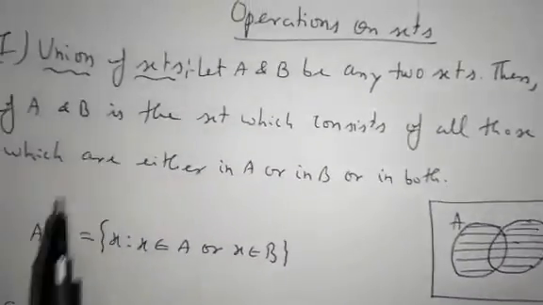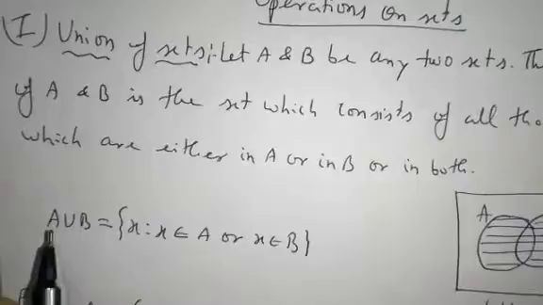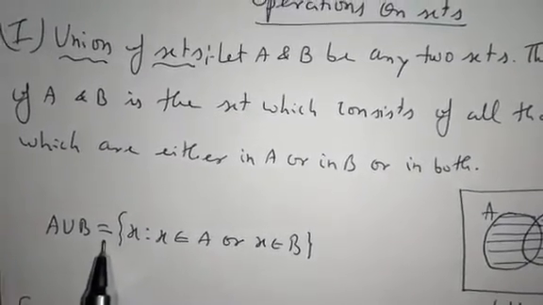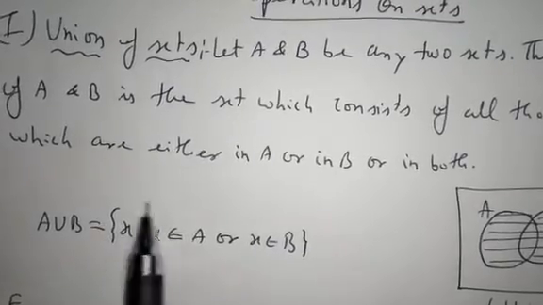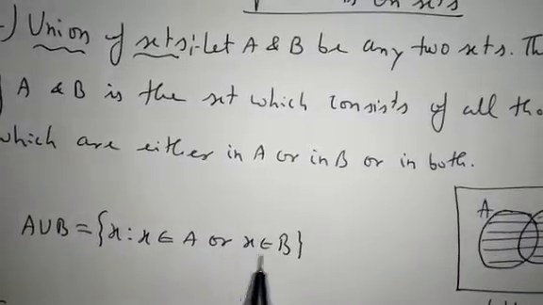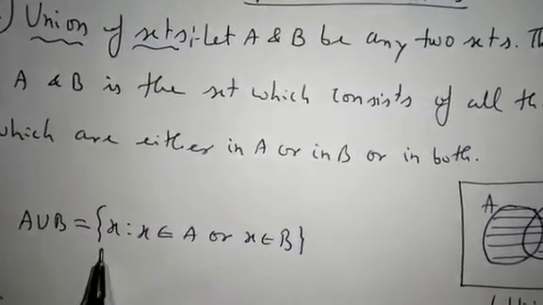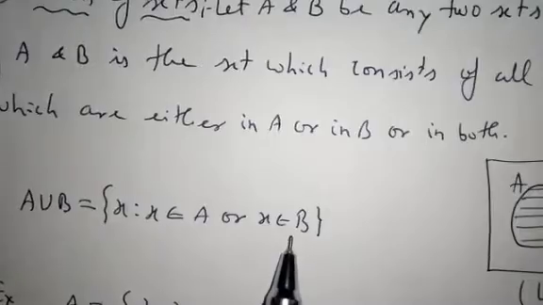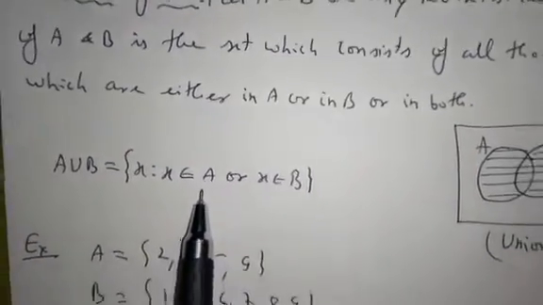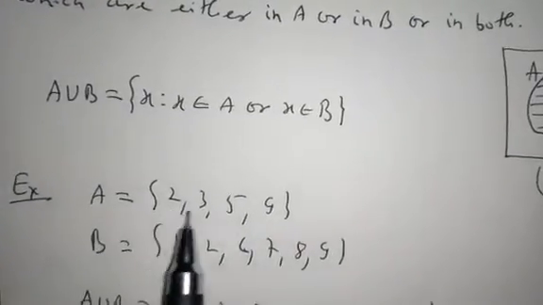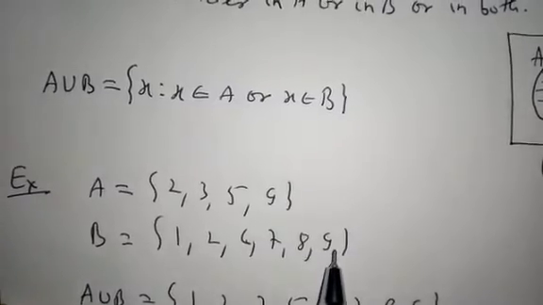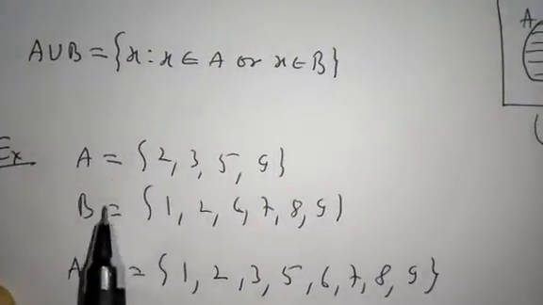Symbolically, for the union we use the symbol U. We read it like this: A union B is equal to, in set builder form, x such that x belongs to A or x belongs to B. It means the element may be in A, or in B, or in both. We take one example. Set A is 2, 3, 5, 9, set B is 1, 2, 6, 7, 8, 9, and we take the union.